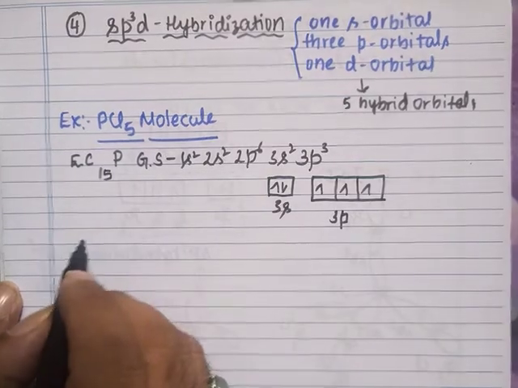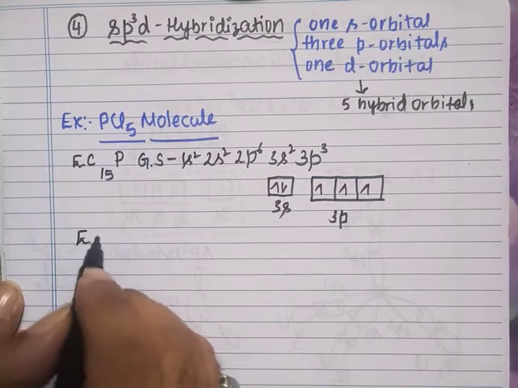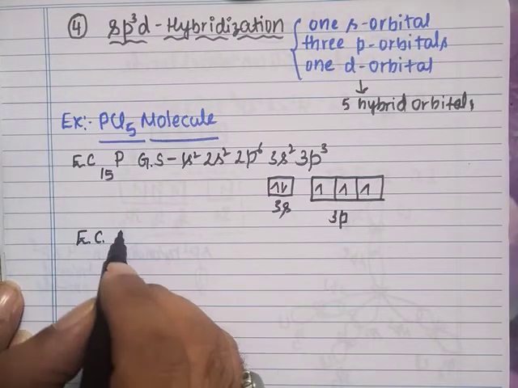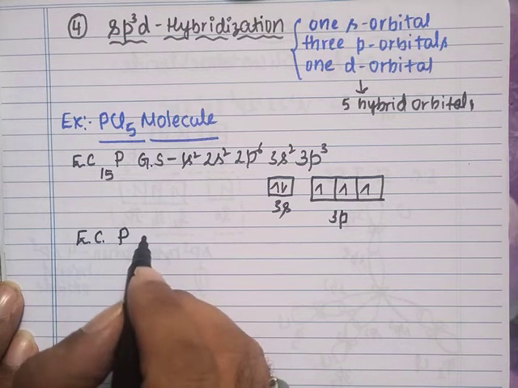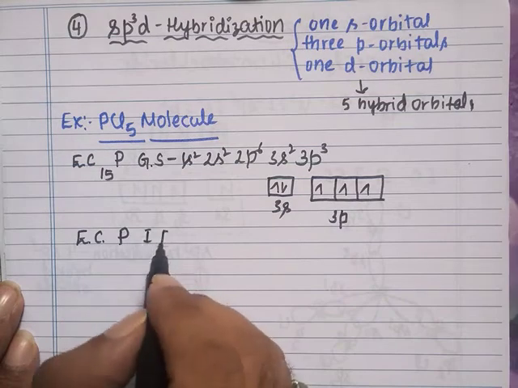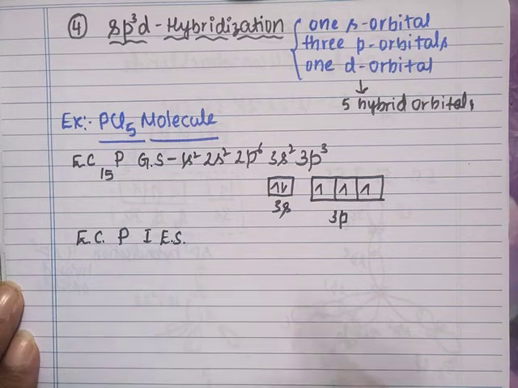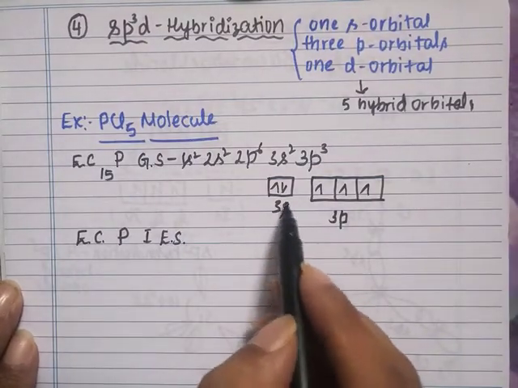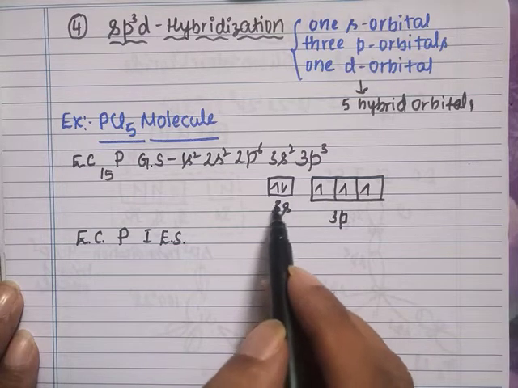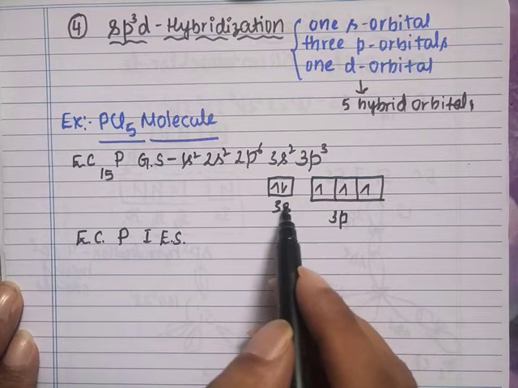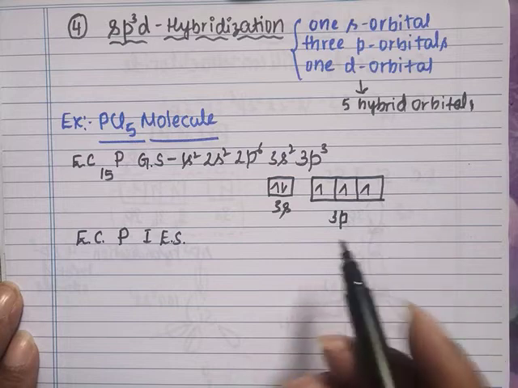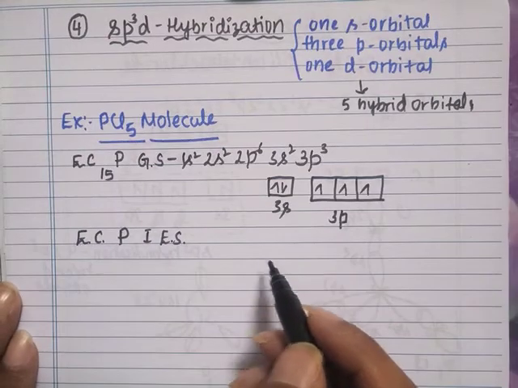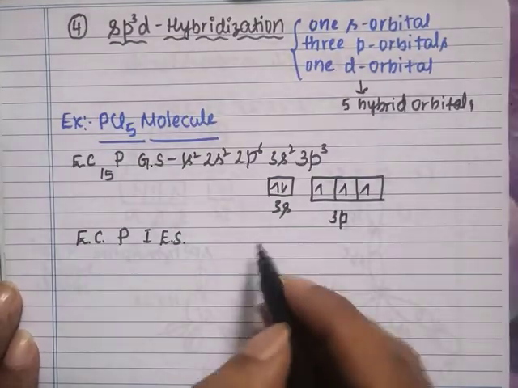Now let us write the electronic configuration of phosphorus in the first excited state. So in the first excited state, what happens? One of the electrons from the lower energy 3s orbital will be promoted into the higher energy vacant 3d orbital.